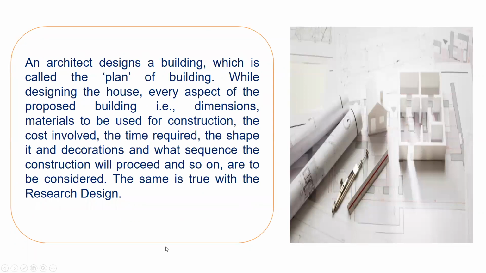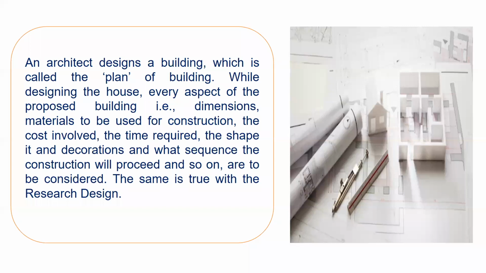Okay, for example, an architect designs a building, which is called the plan of the building. While designing the house, every aspect of the proposed building, that is dimensions, materials to be used for construction, the cost involved, the time required, the shape and decorations, and in what sequence the construction will proceed, and so on, are to be considered. The same is true with the research design.